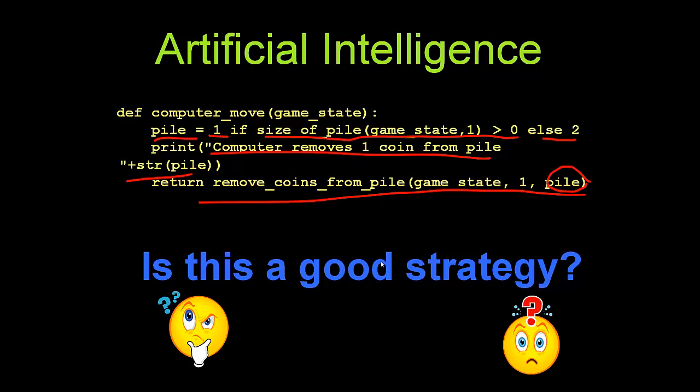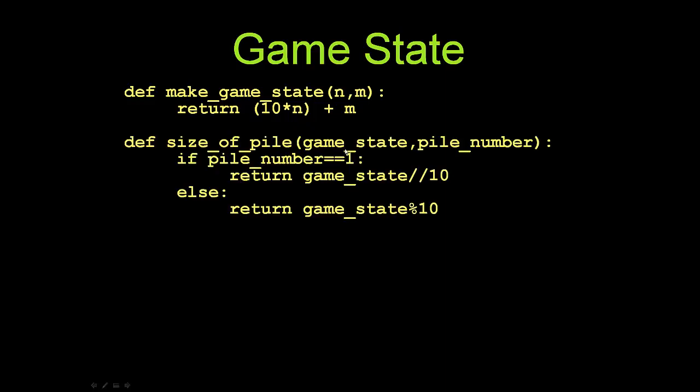Okay, think about this. Now we go to the game state. We have talked about how we assume the game state exists. So now we can see the following. Let's say we make game state n m, which is 10 times n plus m. Now if we want to return the size of pile, game state pile number, if the pile number is 1, we essentially divide by 10 and find the quotient.